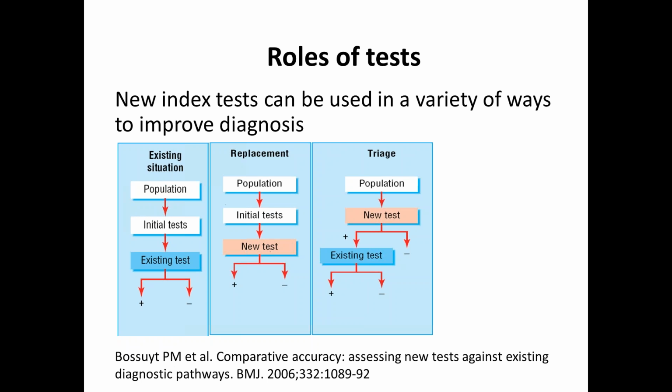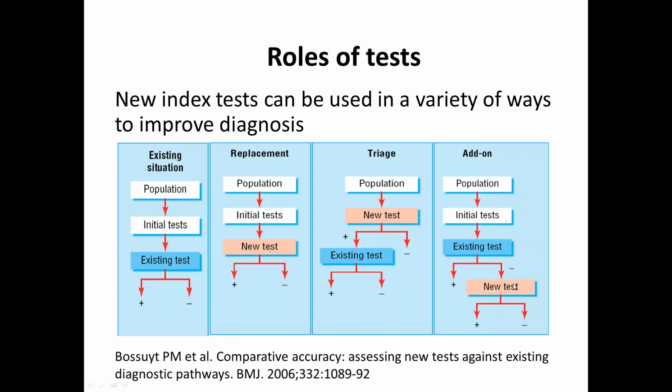So it could be that the new test is going to be put in the pathway ahead of the existing test. And this will happen when our existing test is expensive or invasive, we might put in a new test which is non-invasive to identify those who really need the existing test.